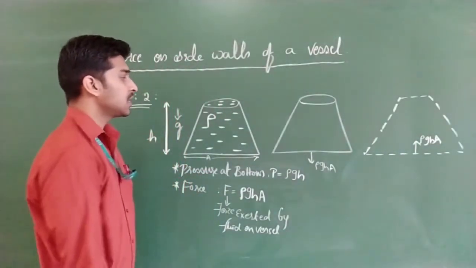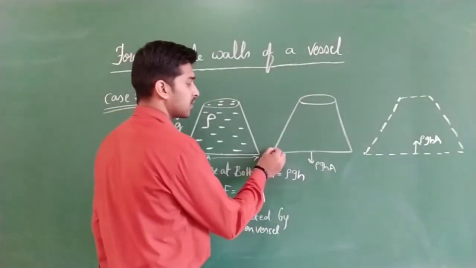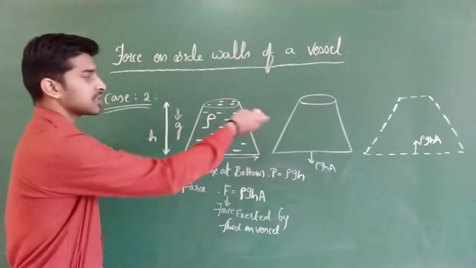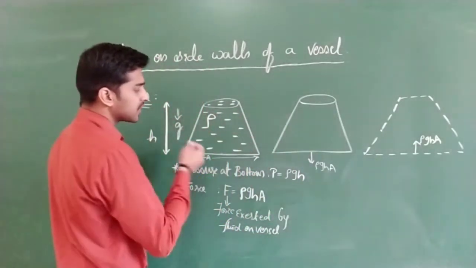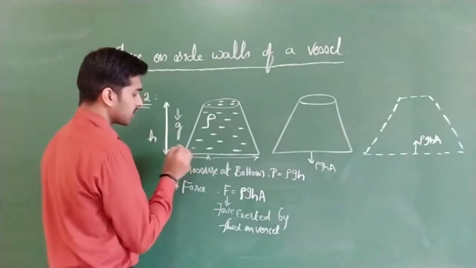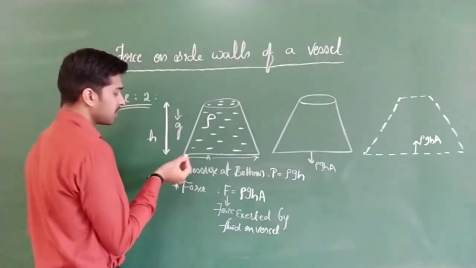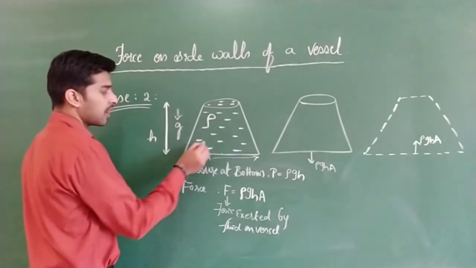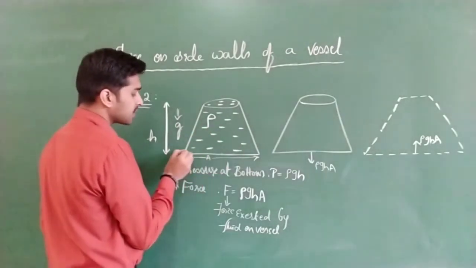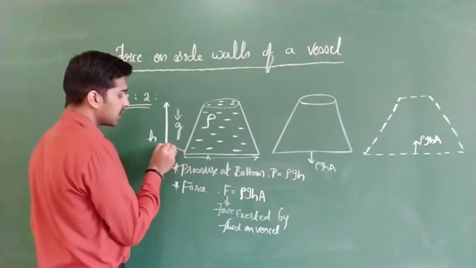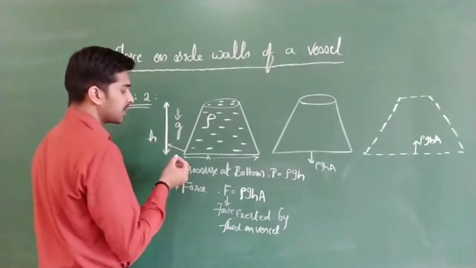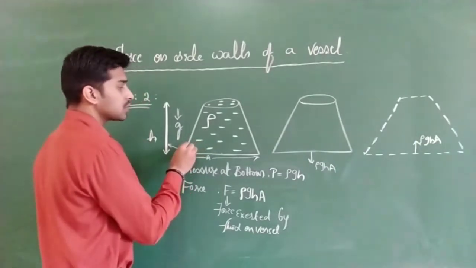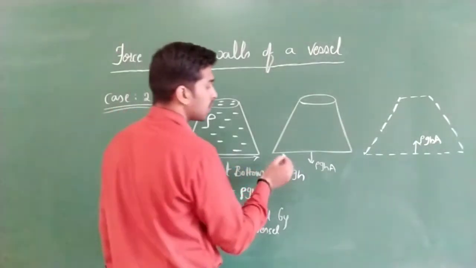Now next, at these sides, now cross check. It is filled completely with liquid at this point. At this point, what will happen? It is almost equal to depth. So this fluid is applying some force on this wall, in this direction. Simultaneously, this vessel will also apply some force on the liquid.